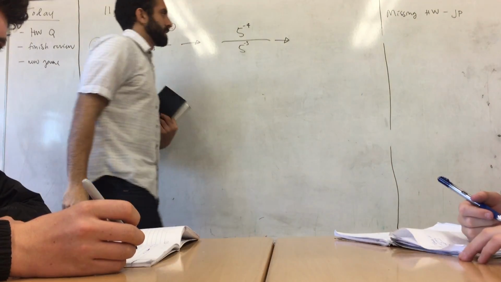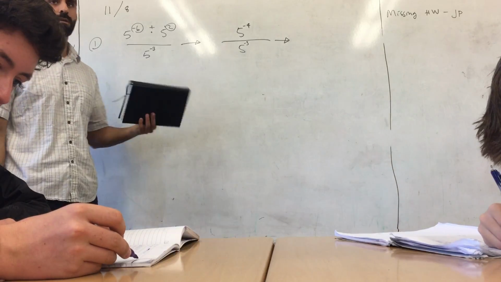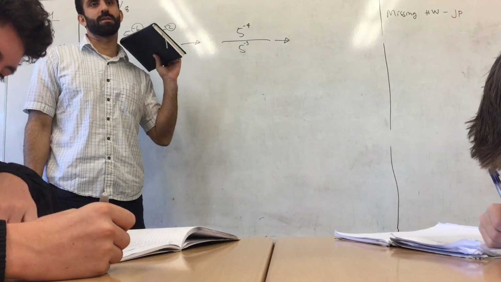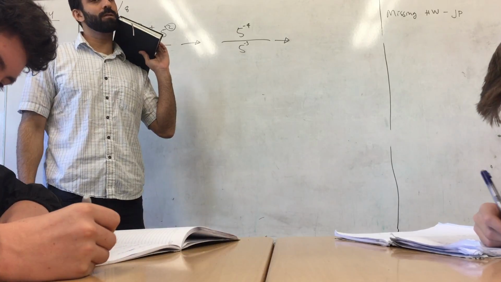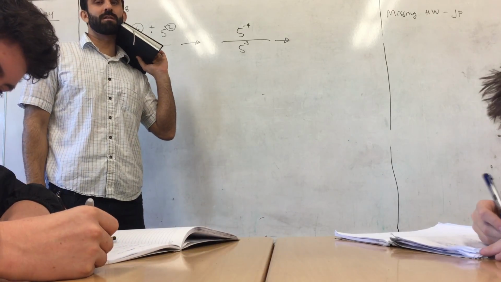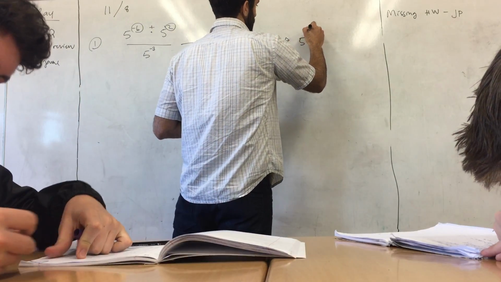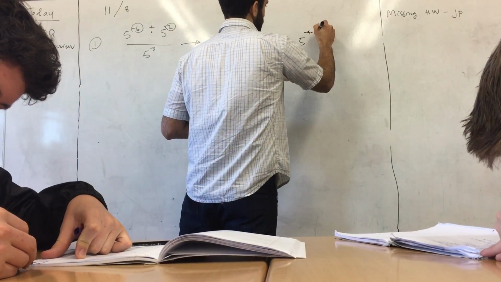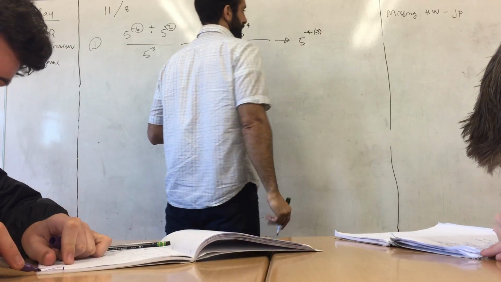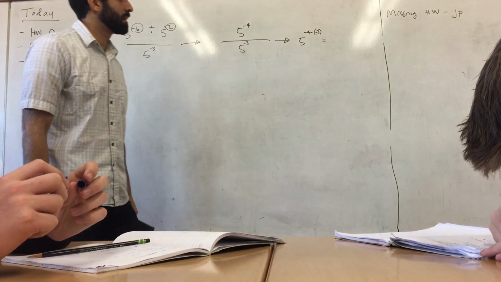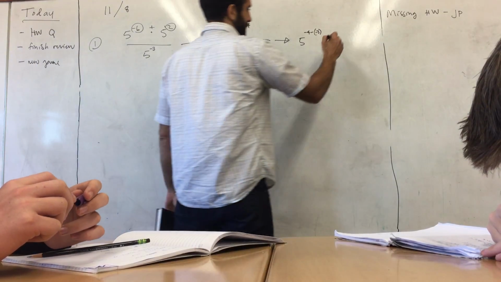Okay, negative 4 minus negative 3. Oh, negative 7. No, you were right. 5 to the negative 4, positive 1, minus negative 3. It's 5 to the negative 1. Correct. Okay?